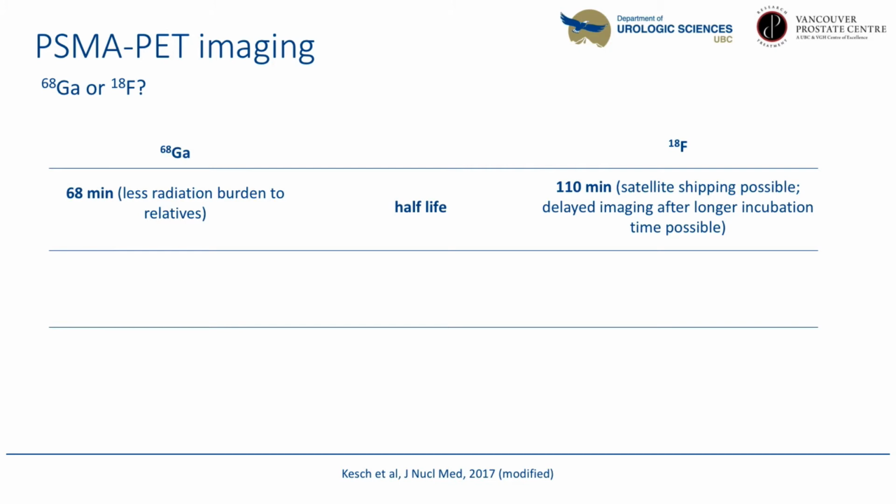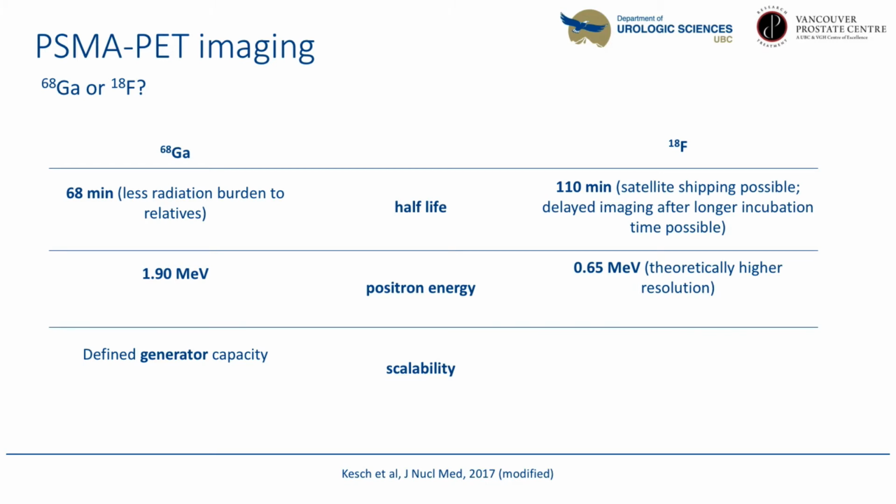Then there is another difference in the positron energy, which is a little bit less, at 0.65 mega electron volt for fluorine. Theoretically, that allows for a higher imaging resolution, though in the first practical experience that didn't really matter that much. There's, however, one big benefit for fluorine-18, and that's scalability.